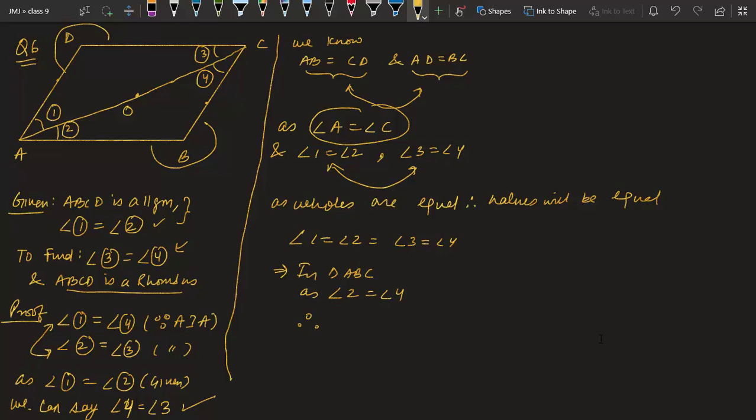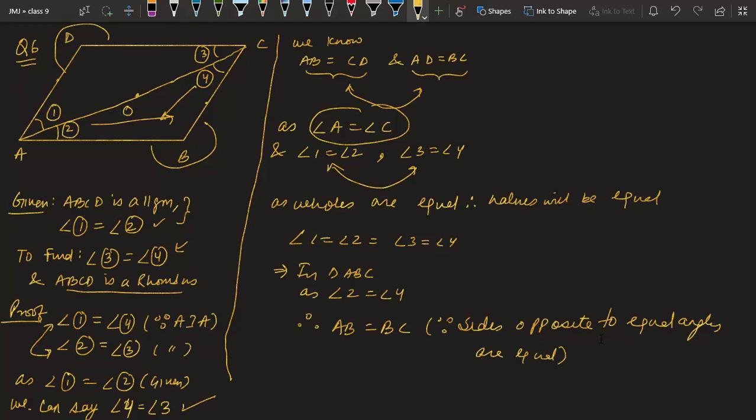Therefore the sides opposite to them, which is AB and BC, so AB is equal to BC, because sides opposite to equal angles are equal. That's it. It was very easy to prove.